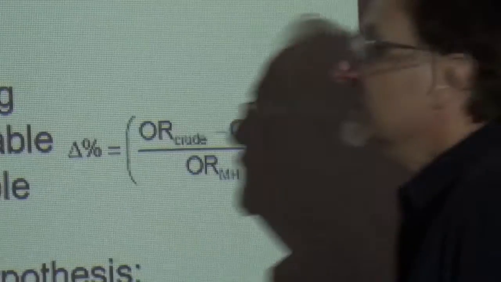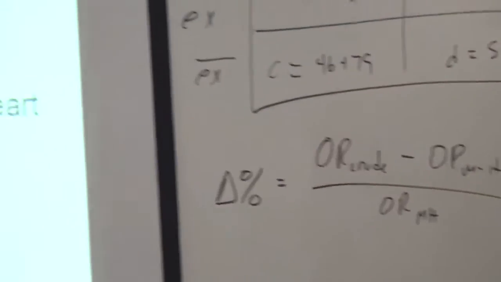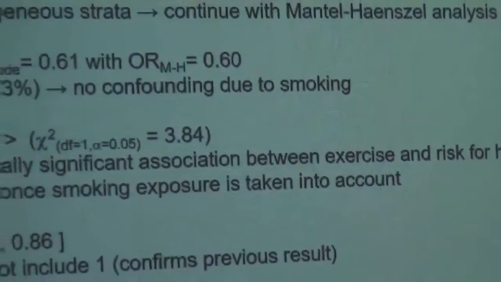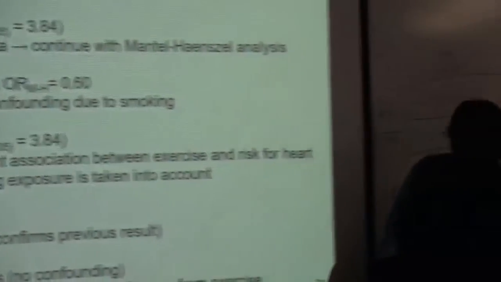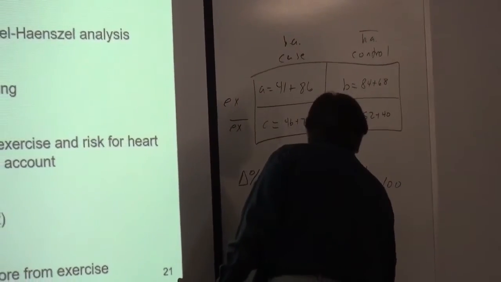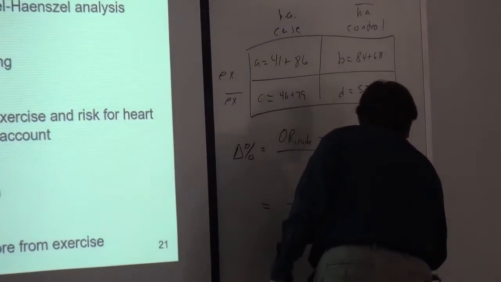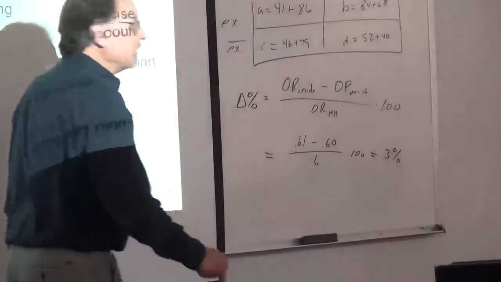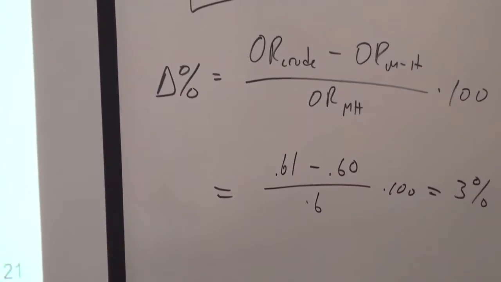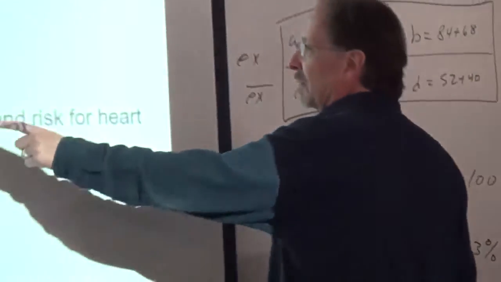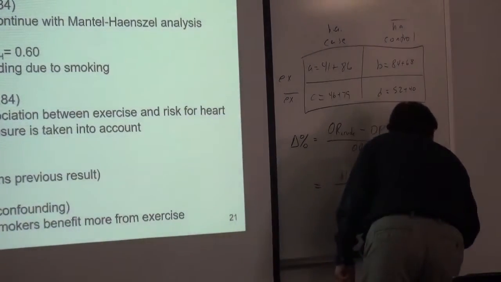For us, you can sort of eyeball that, but let's not do that. So the crude is 0.61 minus 0.6, over 0.6, times 100, and I found that to be about 3%. What we use rather arbitrarily to evaluate that is 10%. If it's greater than 10%, then we assume confounding. So the evaluation criterion is less than 10%.